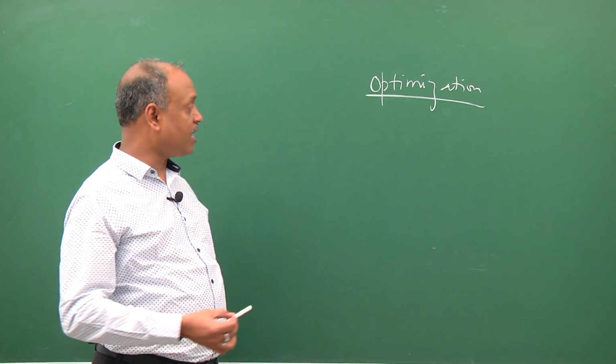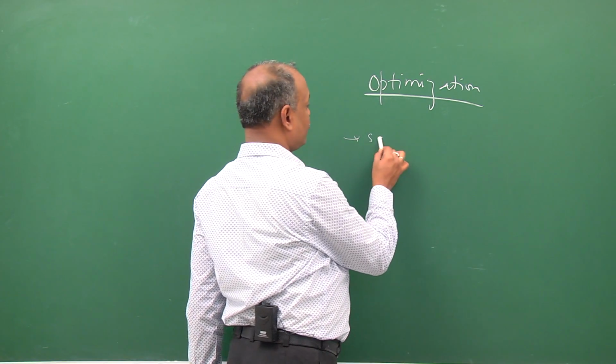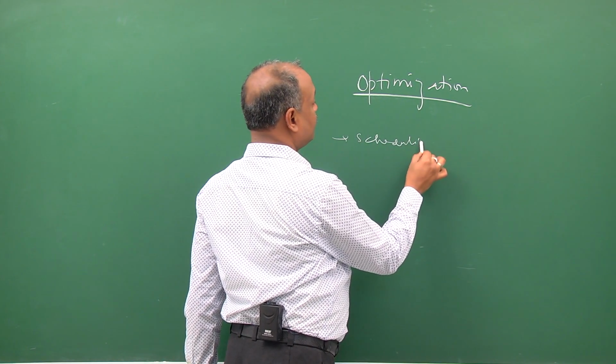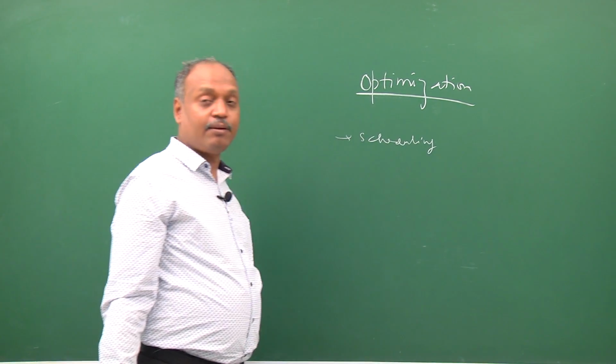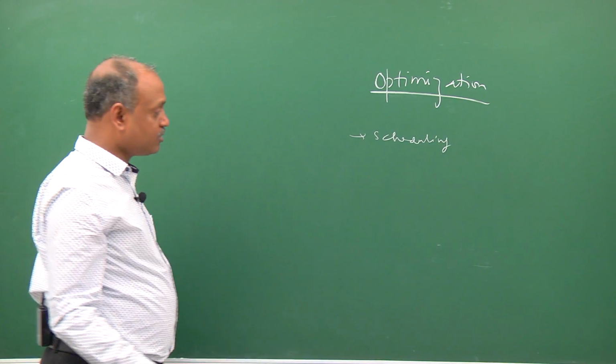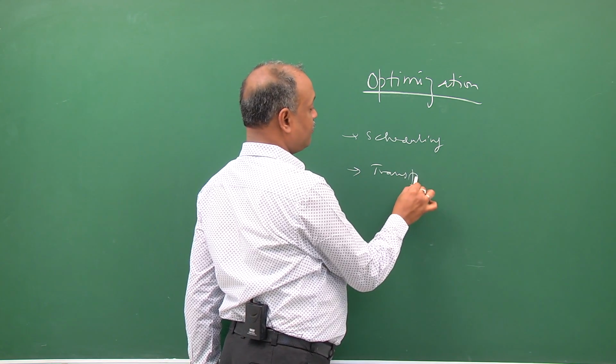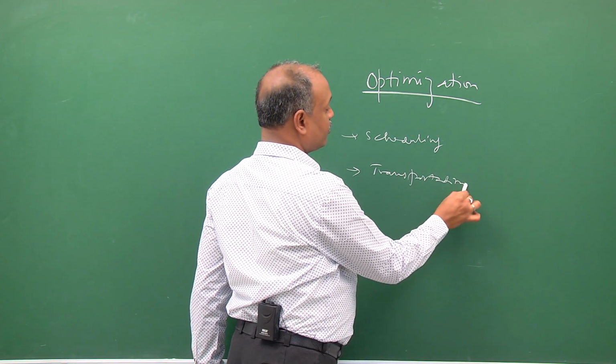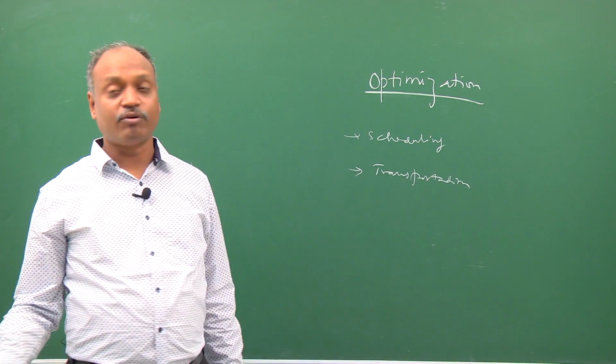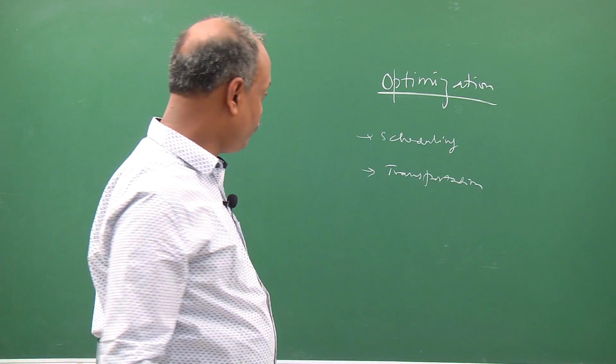Or if you want to travel from one place to another, say for example in the case of a scheduling problem, you would like the overall time taken to be reduced as much as possible. Or if you look at a transportation problem, you want to look at the overall transportation cost of the goods going from one place to another with minimum fuel.